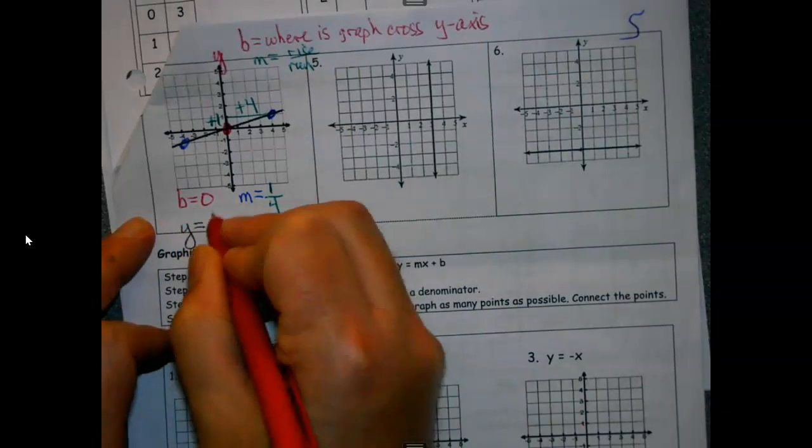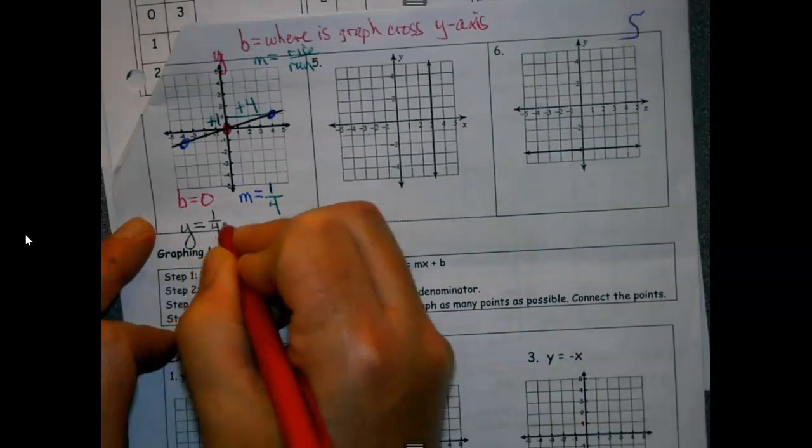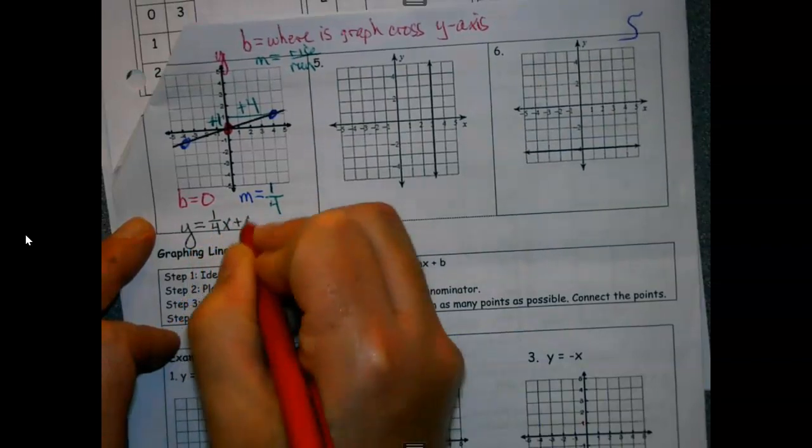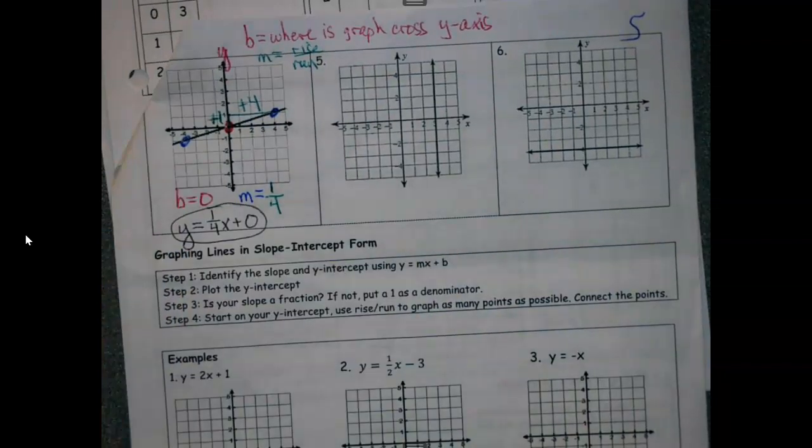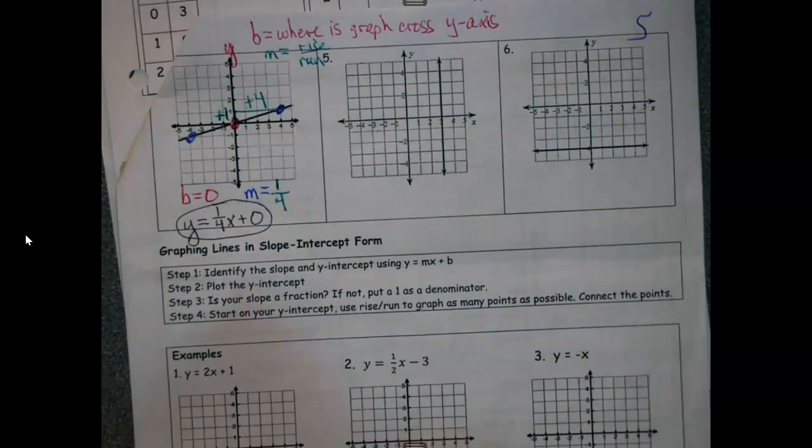Y equals mx plus b. Do I have to put the 0 if it's there? No. You could just put y equals 1/4 x, and we would assume that that's plus 0. But if you like to be a creature of habit, and you're like, I always want to put a number there and a number there because that makes sense to me, put the 0. Absolutely put the 0 if you need it.